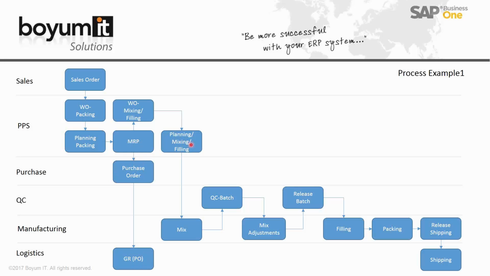I think this is clear. And based on the planned mixing and filling work order, or work order for a mixed product, you go into the manufacturing or the production.